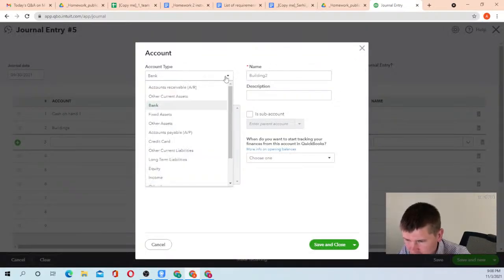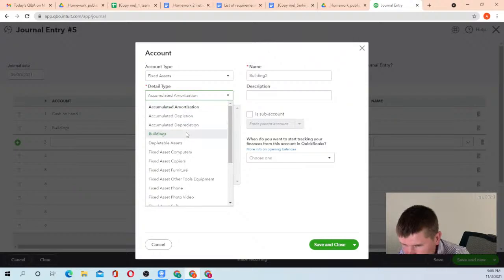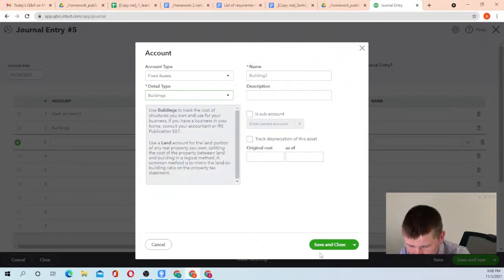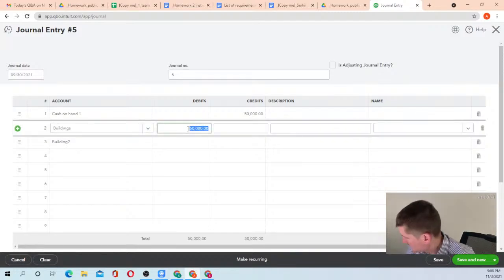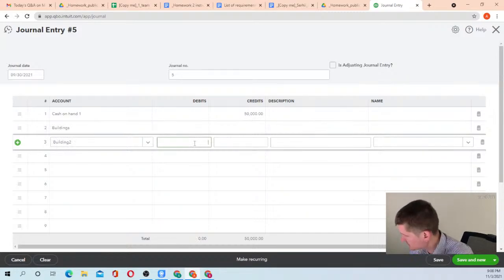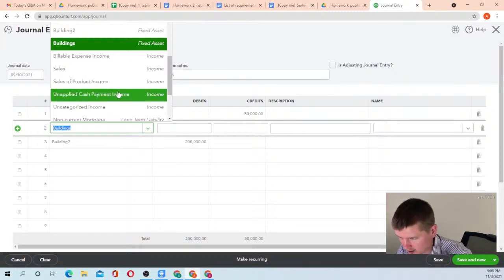So it's account type fixed assets, building 2, detail type buildings. Okay, save and close. So yeah, let's move the amounts to that account, 200,000, and we are left with the mortgage.